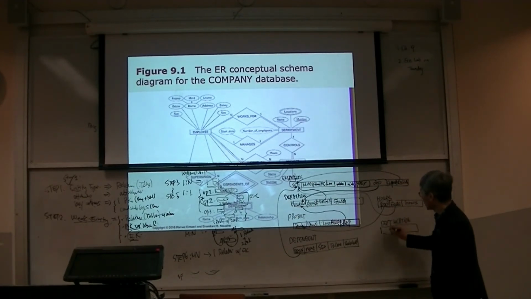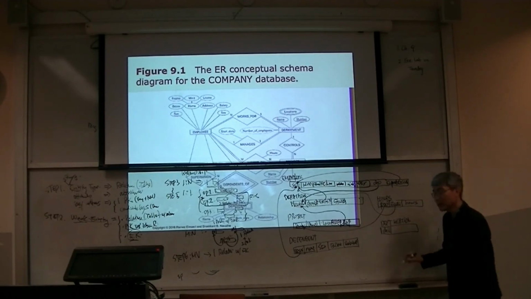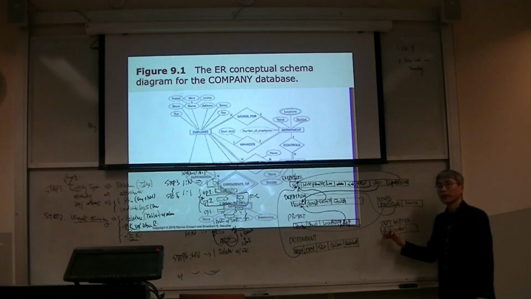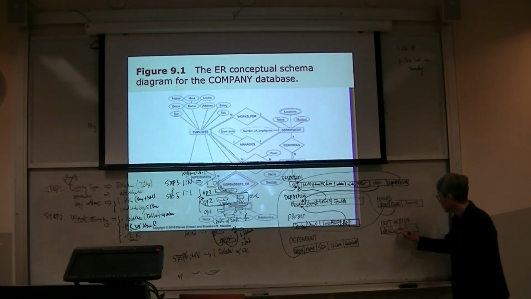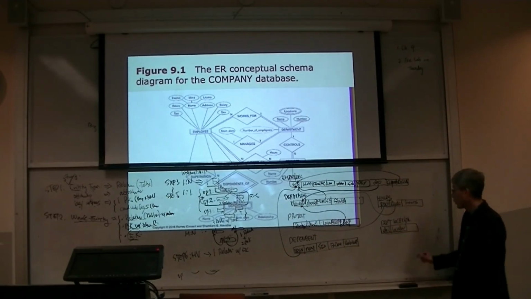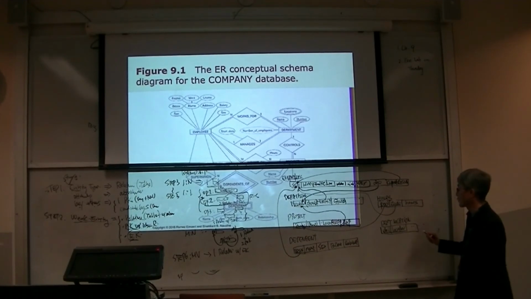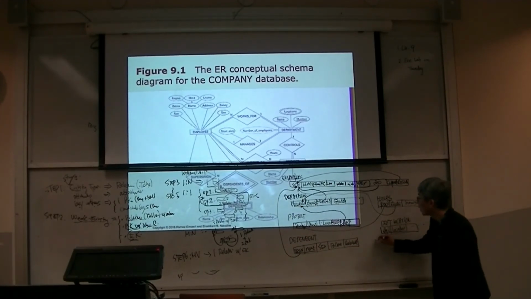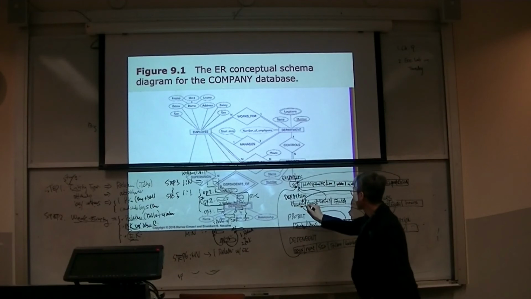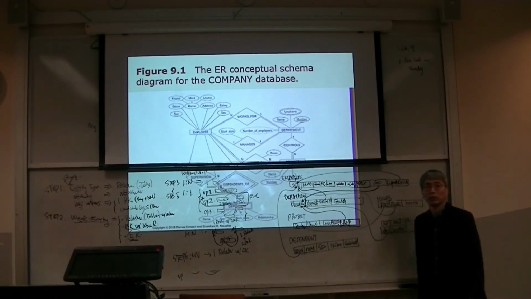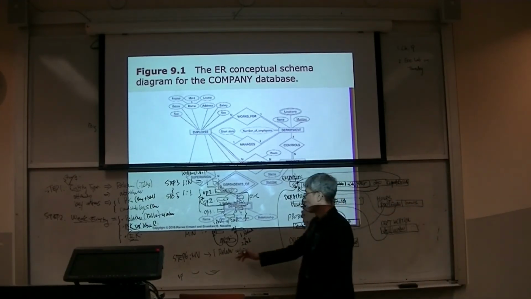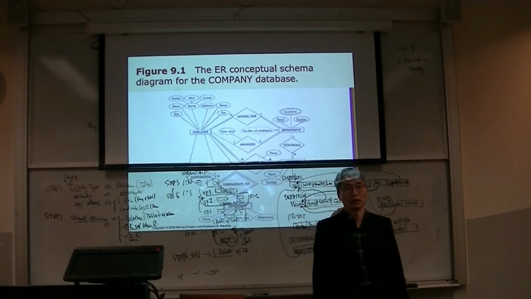Then DNO plus location name, like HR New York, HR Dallas, HR LA. So this one is the primary key. If you have additional information, you can put an address like that. This DNO should exist in the department. So for a multi-valued attribute, you need to create one relation.